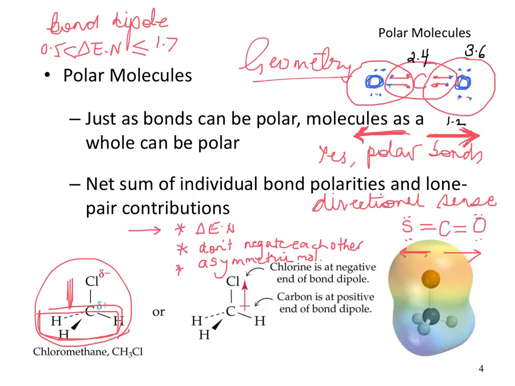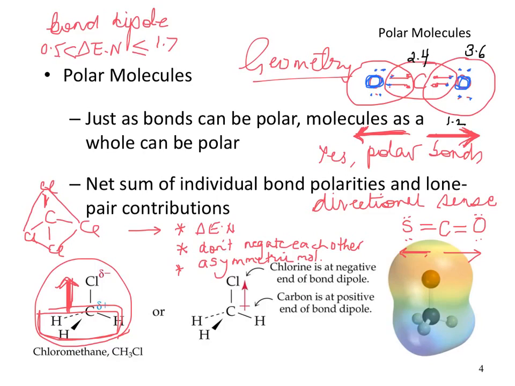There's only one bond here which is polar, and that is directing towards the chlorine, and that would make the CH3Cl very highly polar. If you compare that to maybe CCl4, where it's a tetrahedron which is being pulled in all four opposite directions.